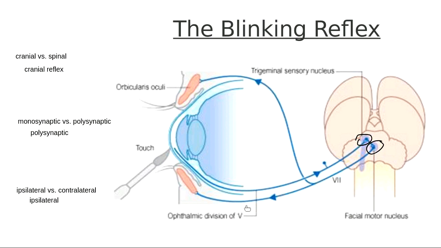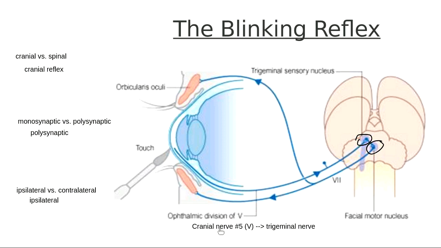So here's where we tie lab and lecture together. Cranial nerve number 5, or V in Roman numerals, is called the trigeminal nerve. When we talk about cranial reflexes, sensory information always goes back to the stem through a cranial nerve.